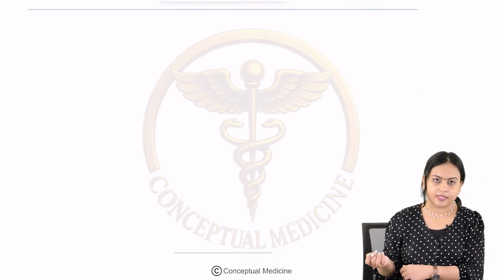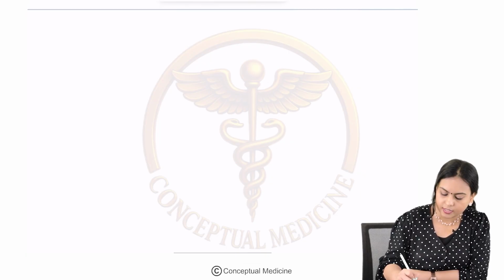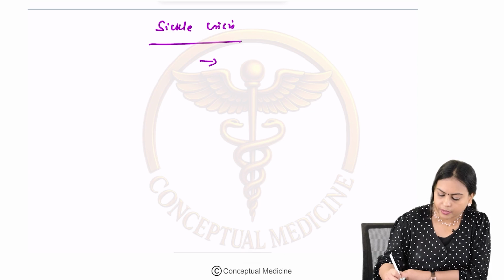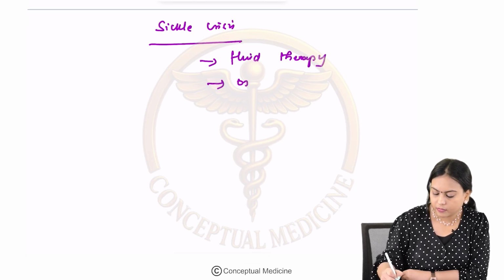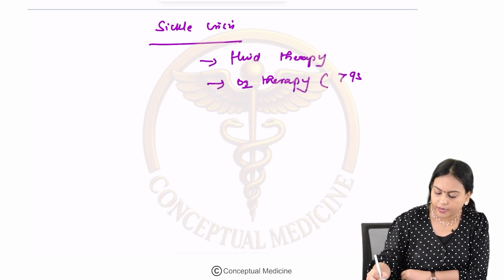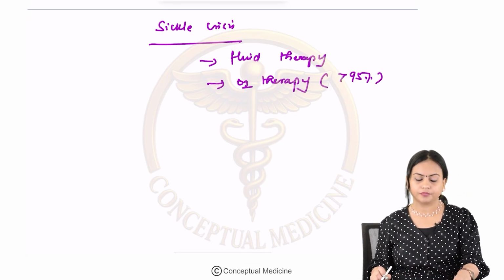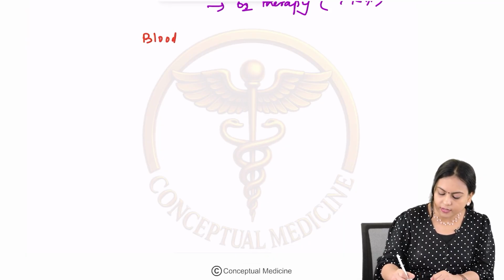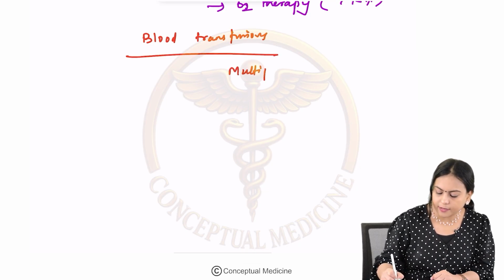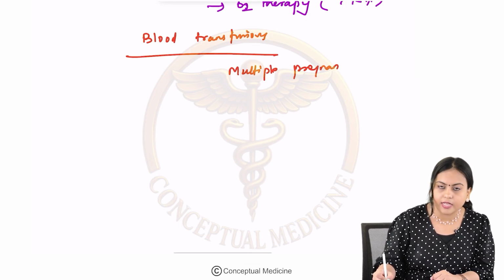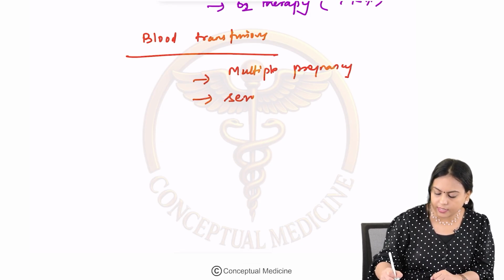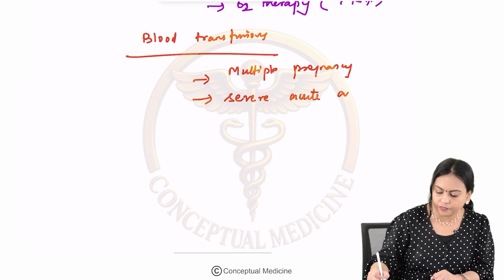Suppose a sickle crisis is present, then in case of sickle crisis you have to give fluid therapy and oxygen therapy, and see that the oxygen saturation is maintained above 95%. Clear? Some of the indications of blood transfusion are when it is a multiple pregnancy and there is a state of severe acute anemia.